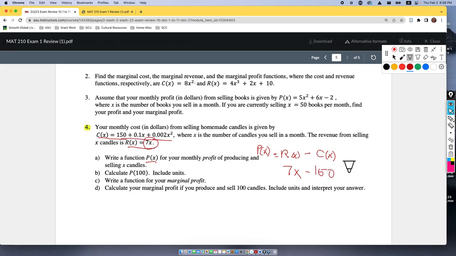This plus 0.01 is going to be negative 0.1x. And the last term, oops, I put a plus. That's going to be negative as well. So just make sure you distribute that negative all the way through.